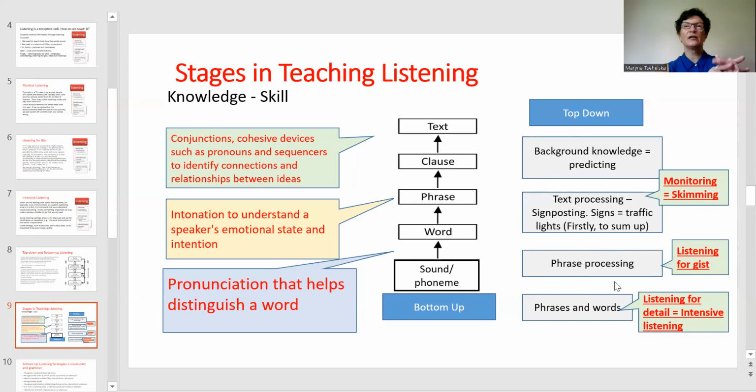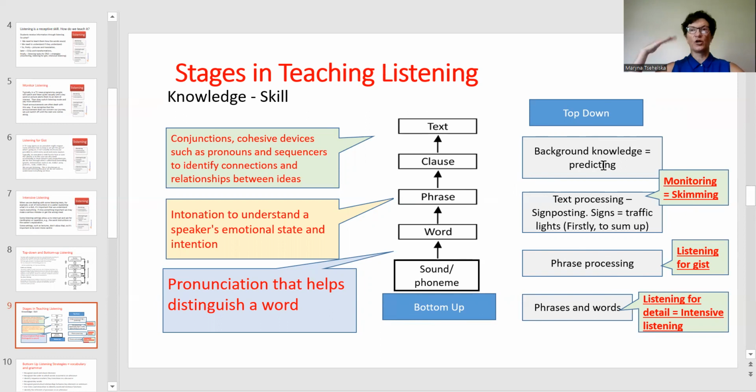So let's look at the theory once again. We may either listen bottom up, using this bottom-up approach. It's like listening to every word and then combining them into a text. Or we may use our knowledge of the world and then listen top-down.